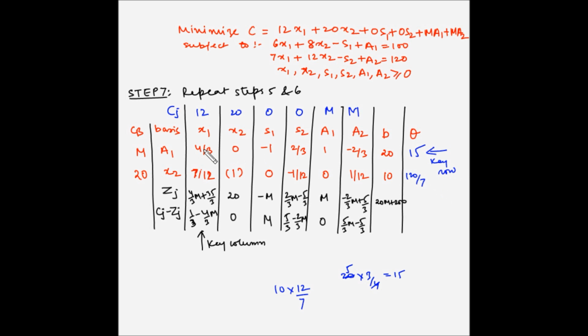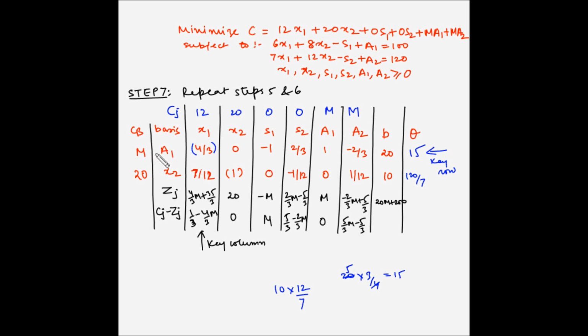So we will take this as the key row. And so the element at the intersection of key row and key column becomes our key element. So 4 by 3 here is the key element. So x1 is now going to be entering the solution and a1 is going to be departing the solution. So x1 will replace a1 in the basis column and the coefficient of x1, that is 12, will replace the CB value.